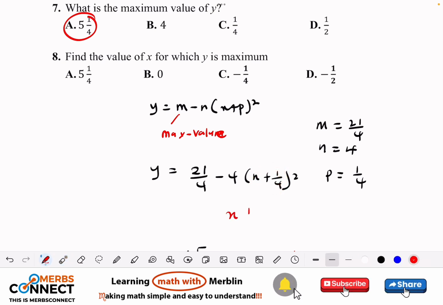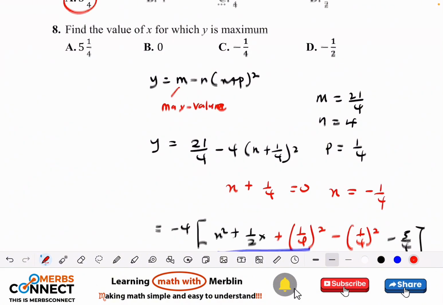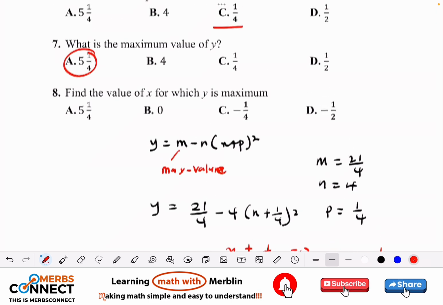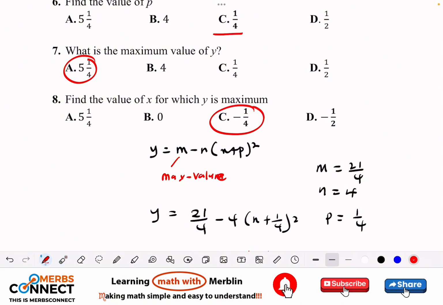So x plus 1 over 4 is equal to 0, and x should be equal to minus 1 over 4, right? So we need to get the negative of p. So that one is going to give us this option. Fortunately, they didn't trick us by putting something like 1 over 4 for us to choose. But it was like this. So you need to negate the p and then you get the x value.